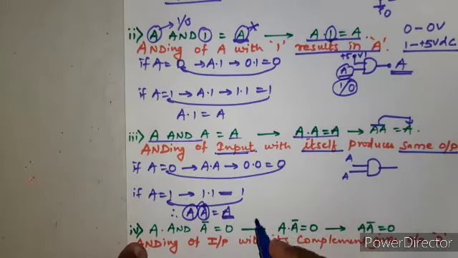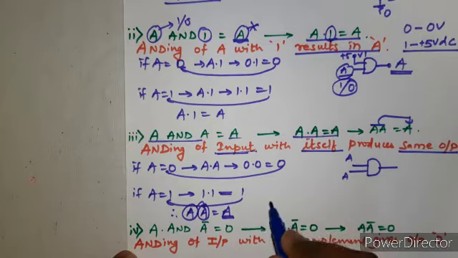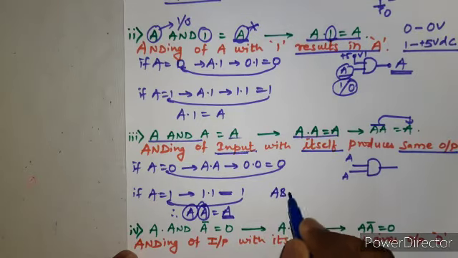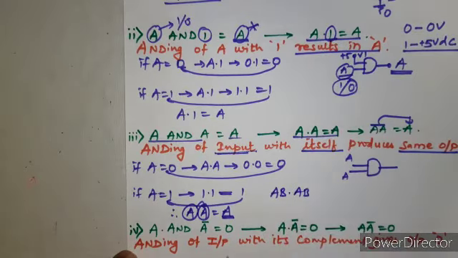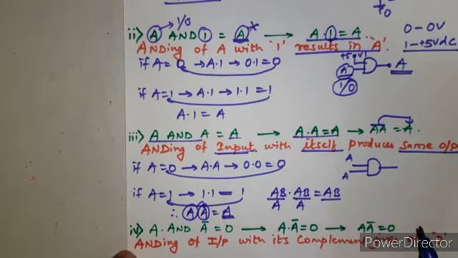Now let me state that we can have it this way also, AB dot AB. Now this AB is one variable, and this AB is the same, so we can consider this as A and this as A. So this will give you AB, the same variable itself.